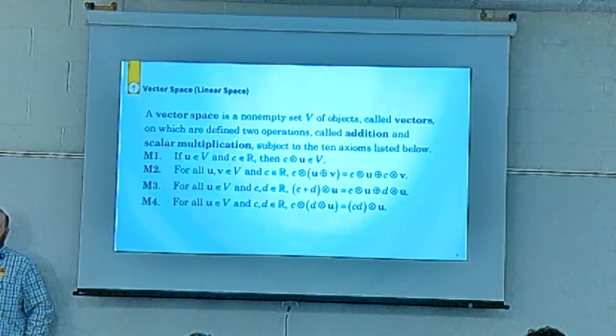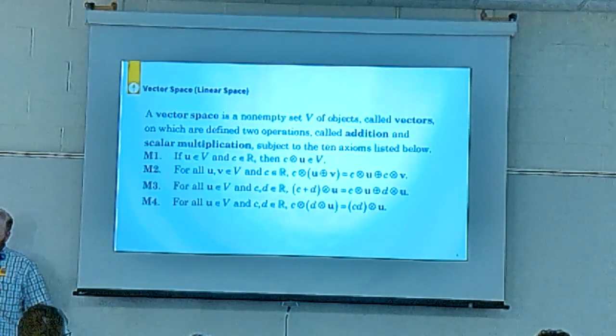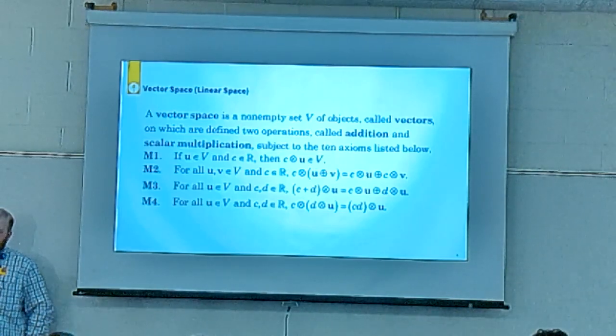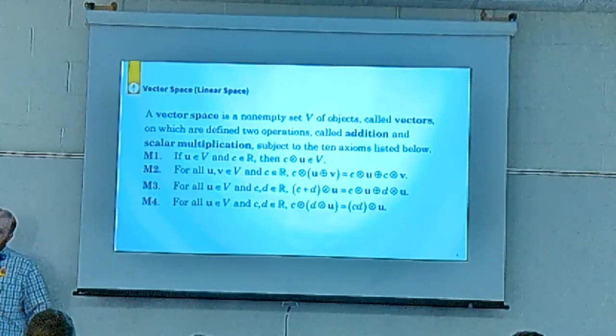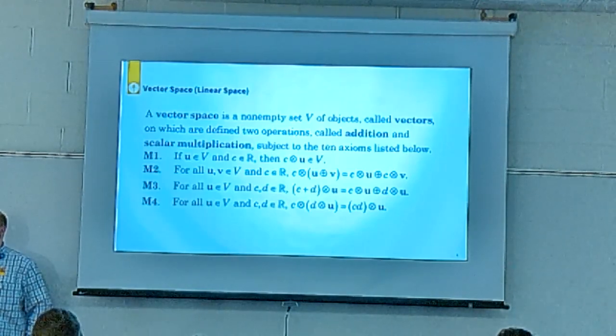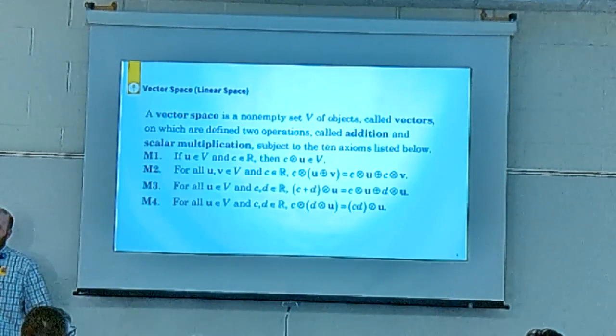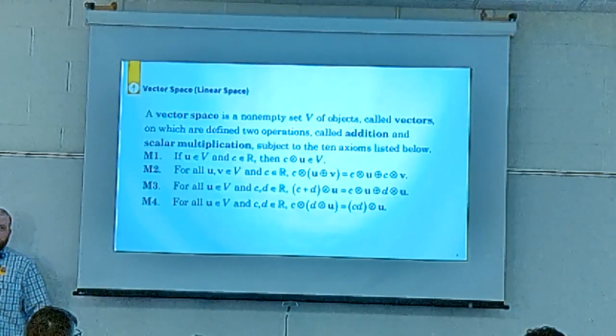I'm assuming that matrices have something to do with this, like in vector spaces. There is a vector space for matrices. The matrices do form a vector space, and we cover that here.